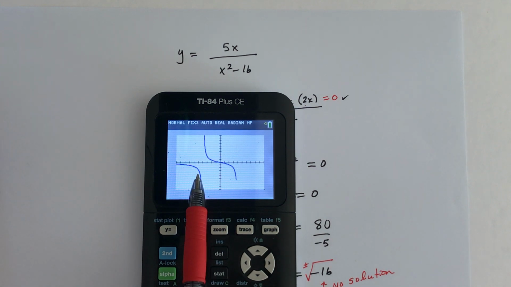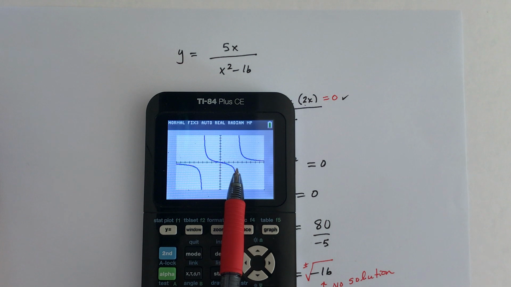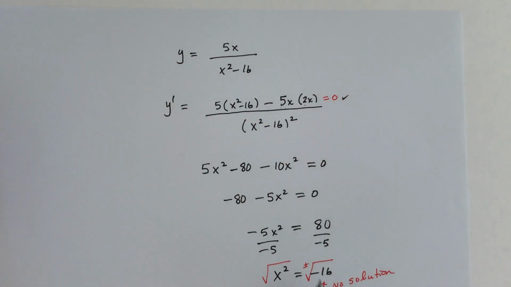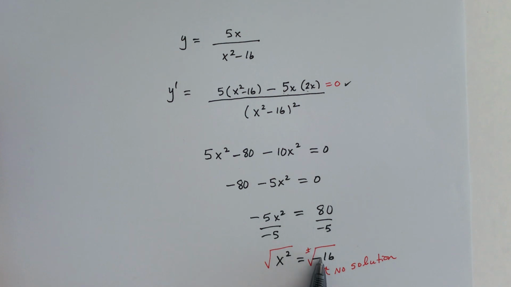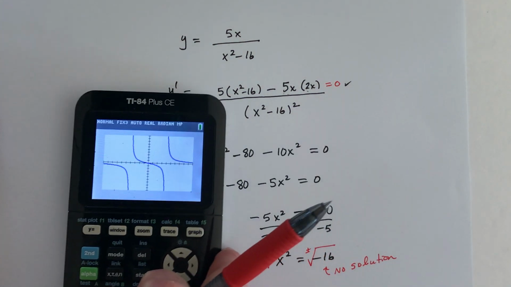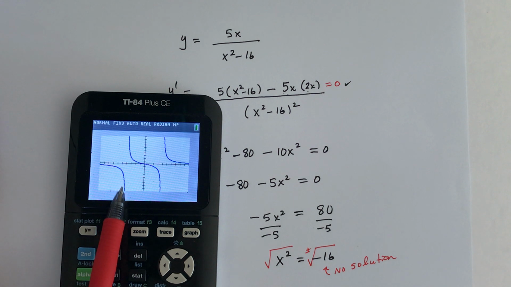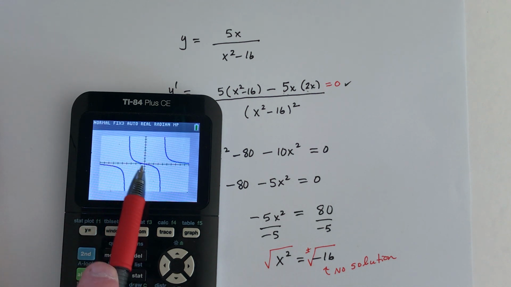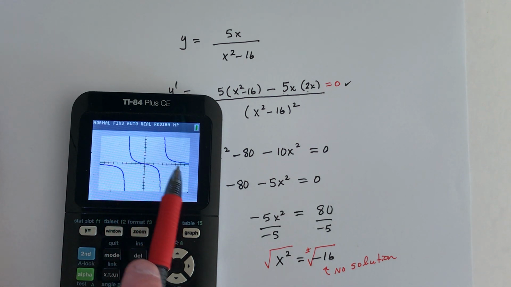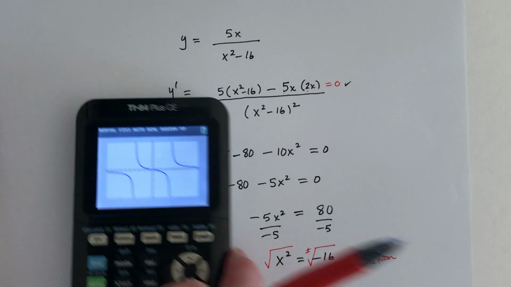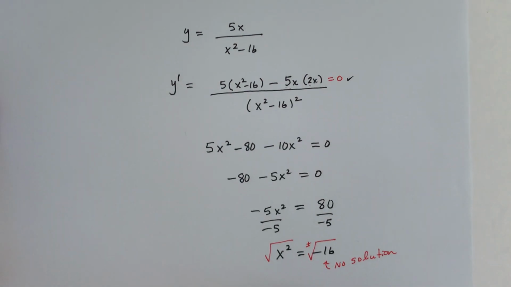So there's a vertical asymptote and there's a vertical asymptote. And notice that when I did the derivative, I got the derivative does not equal 0. So that means that there are no minimums or maximums. And also, this is decreasing, this is decreasing, and this is decreasing. So there's also no place where it changes to increasing.